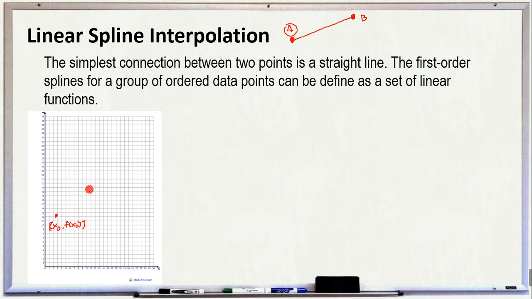Next, we have our second data point. So this is x sub 1, f of x sub 1. Okay? And then, so on and so forth. This is the last, so that is xn, f of xn.